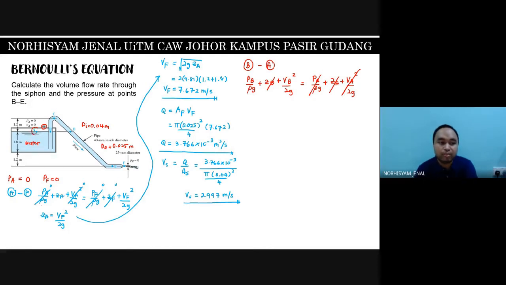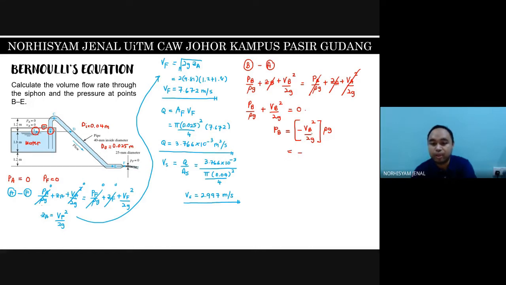So you will end up with the equation PB over rho G plus VB square over 2G equals to 0. Okay, so we want to find out what is PB. So PB is equal to negative VB square over 2G, and then we multiply by rho G. So this should be a simple equation.